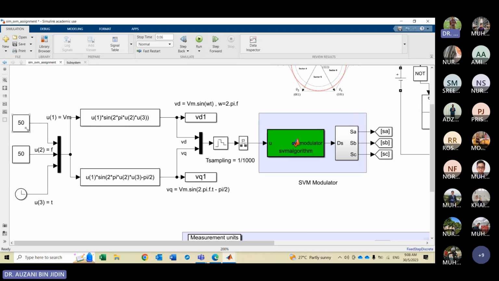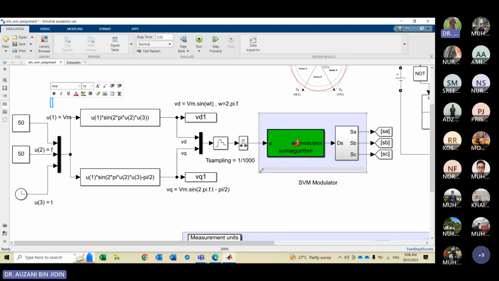Okay, so this case your VM is 50. Your frequency we apply 50 Hz. So you need to make sure that the maximum of the VM, you cannot put larger than what? What is the maximum?